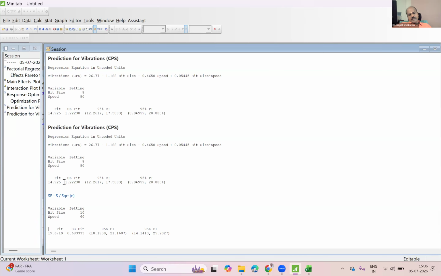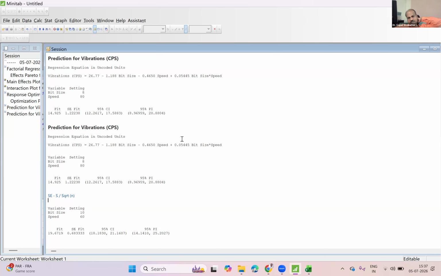For bit size 8 and speed 80, it is 14.925. But when I go for 10 and 60, note here, I have not conducted any experiment, but after generating the equation, I am predicting it. This is another advantage of DOE.